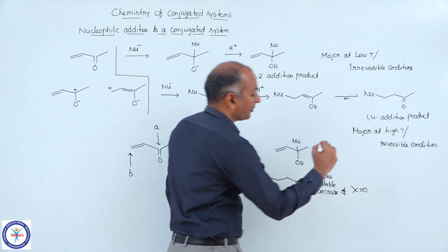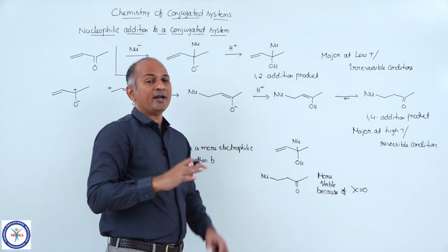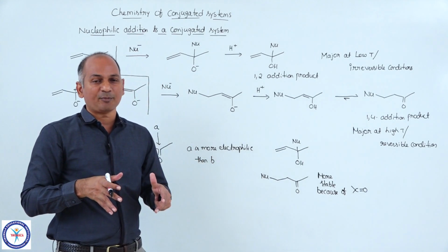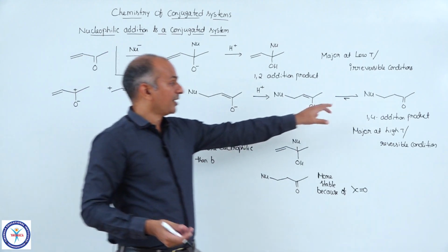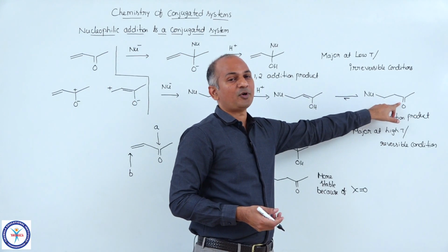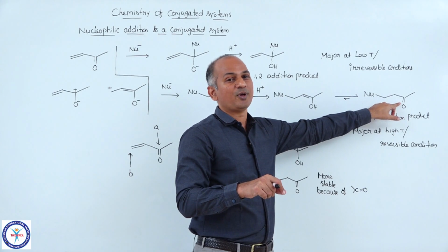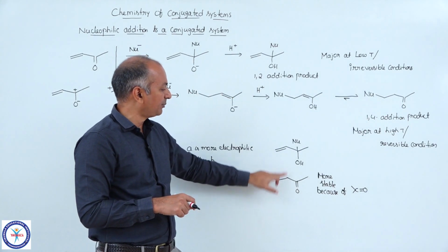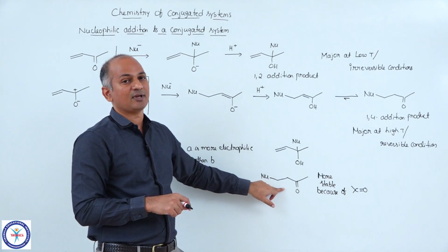All of you recall, C double bond O is a very strong bond, and if a compound contains that particular bond, the compound is stable. See, keto is more stable than enol exactly because of the presence of that C double bond O. So by the same logic, if you compare the stability of these two, this is more stable.